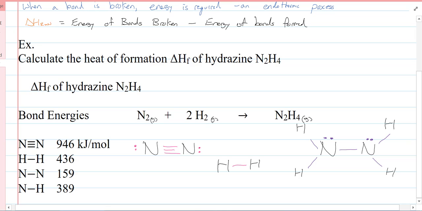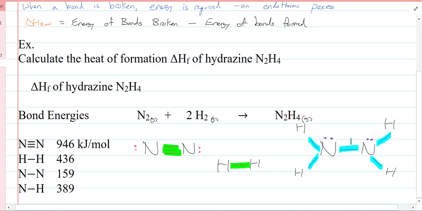So what bonds are broken and what bonds are formed? Broken would be, it looks like the N triple bond N and the HH are broken. Formed would be all those. So I would definitely break the whole triple bond and then make the single bond.